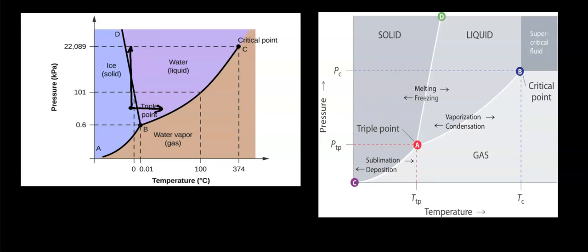So let's look on this diagram. Let's say you are right here. We have liquid of this substance. How do you turn a liquid into a solid? And we're talking about substances other than water. Well, we can decrease the temperature.